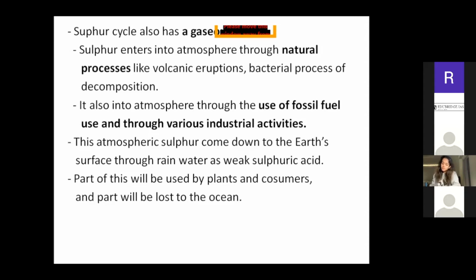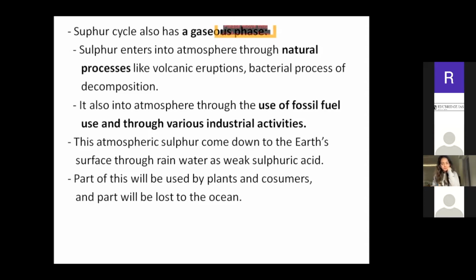Fine. So how is this artificially released sulfur gas used up by plants? It comes down with rain as weak sulfuric acid, and it gets mixed up with the soil, and through soil it can be used up by plants or consumers. Fine.